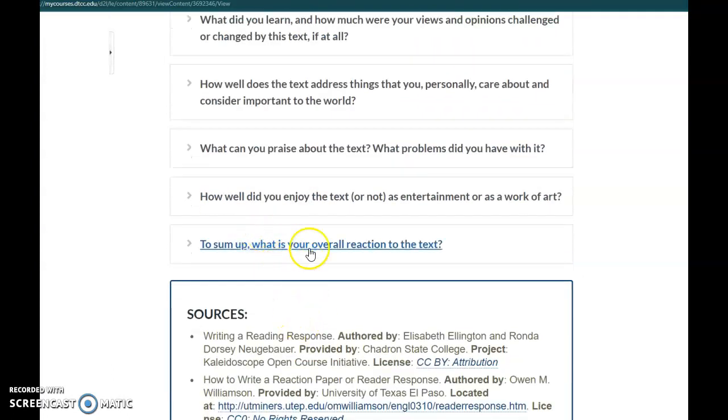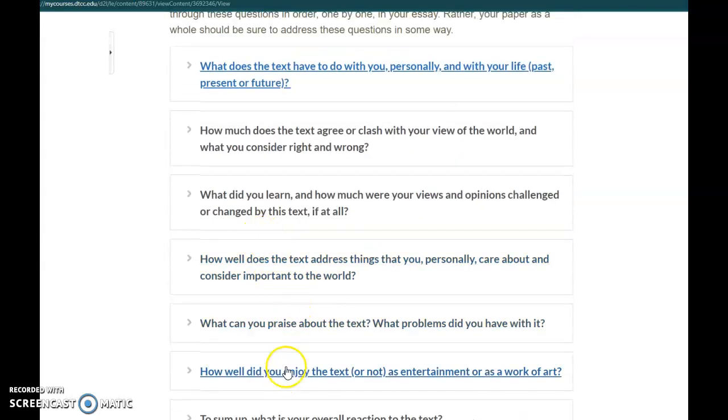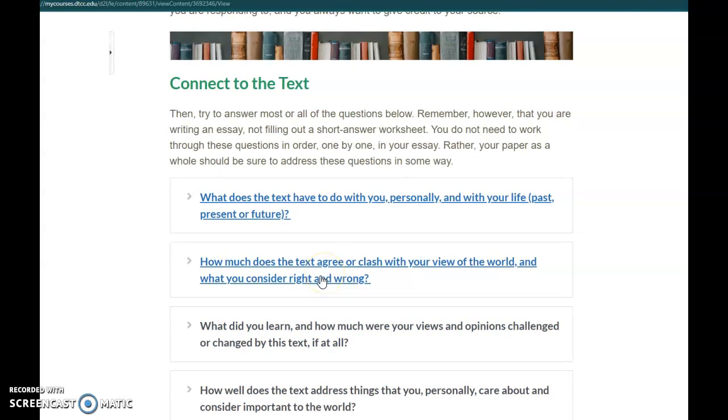Obviously, one of these would be for your conclusion, or for your last point. There's a specific place for where that would go. But for all of these other questions, pick 4 or 5 of them, write your response, and then figure out what you would say for that. And that's a paragraph in your personal essay.